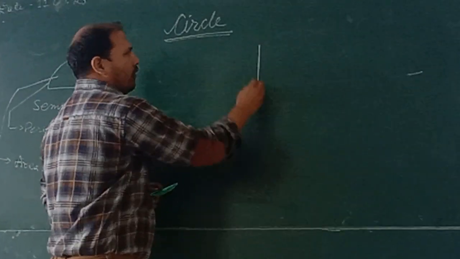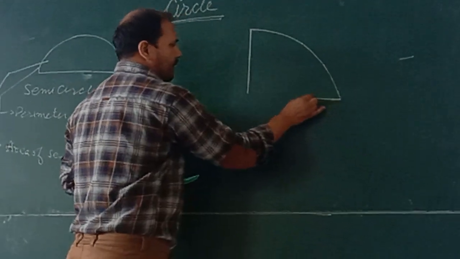Now, how to find the perimeter of the quadrant?